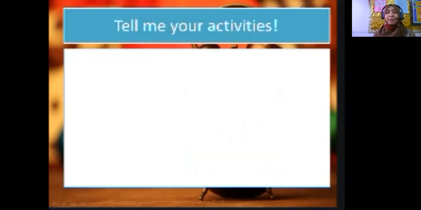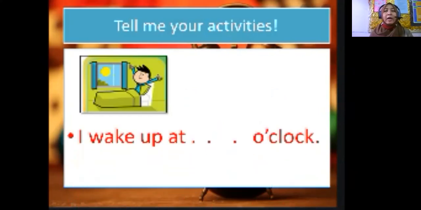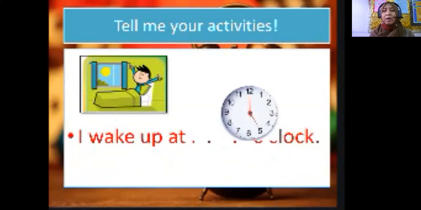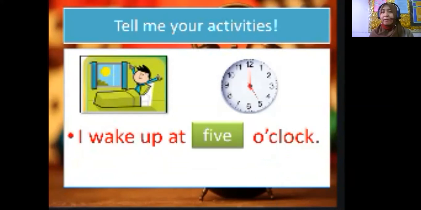Now, you have learned how to read the clock and we are going to put it into a sentence. First of all, do you remember what the boy is doing? Yes, he's waking up. He said, "I wake up at," look at the clock. Yes, 5 o'clock. So he said, "I wake up at 5 o'clock." How about you?